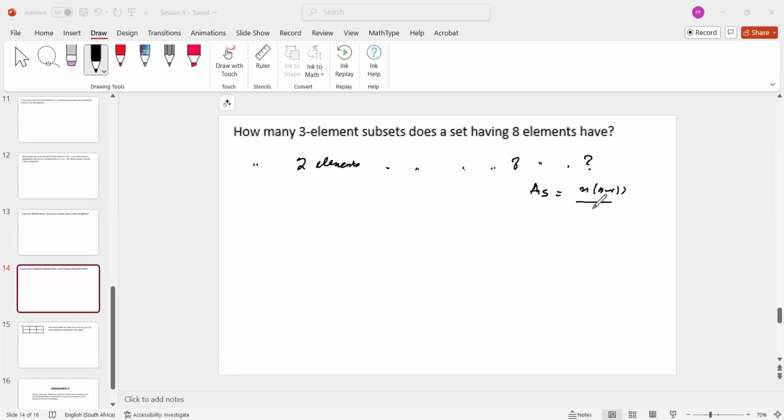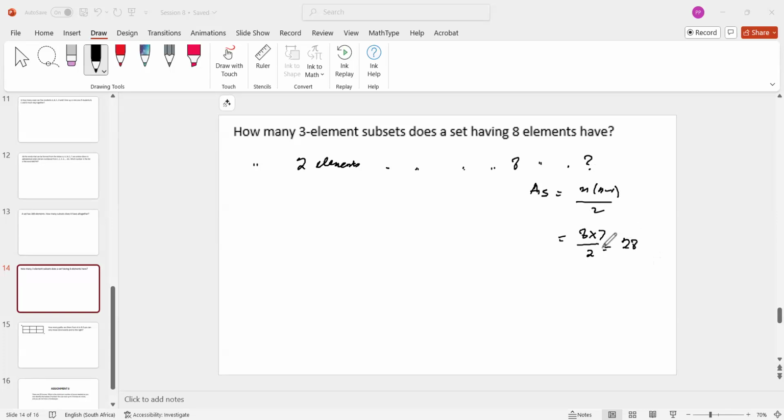We discussed this particular case. If you are choosing 2-element subsets, then the number of ways of choosing 2 objects from n objects is n into n minus 1 over 2. So in this case, for eight objects, you have 8 times 7 divided by 2. And 2 goes into 8 4 times, so it's 28.